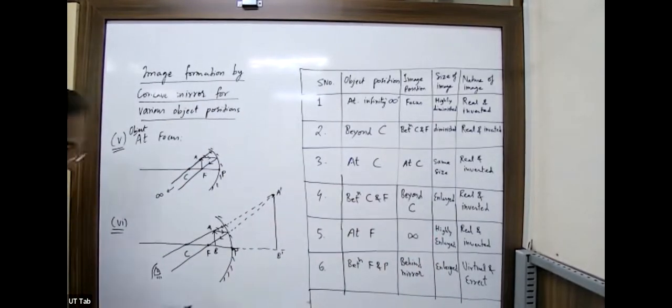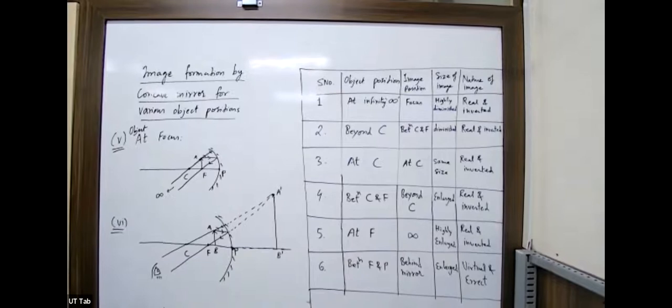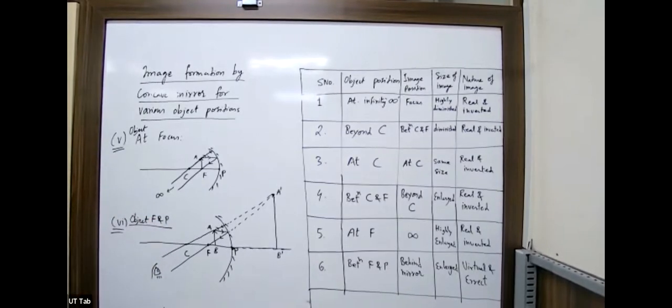Any explanation required here? This is the object position, object between F and P. That is a question for examples.